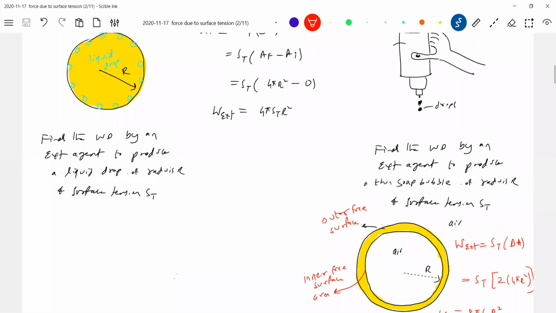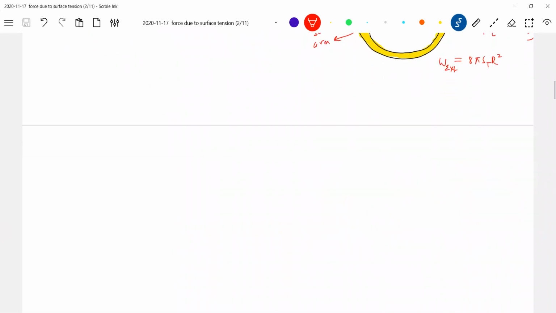Okay, fine. So this is about the two things. Now let's go for the next topic. If two small drops coalesce to form a bigger drop, what conditions will come?